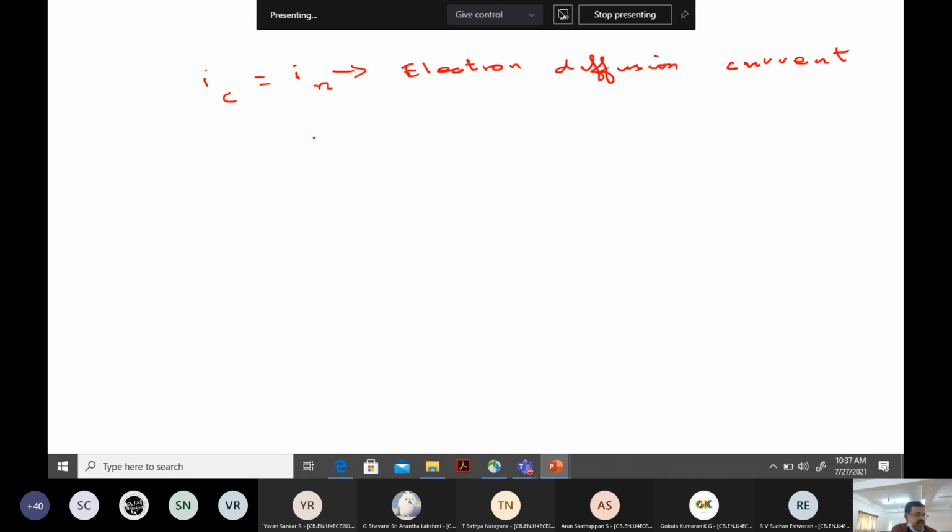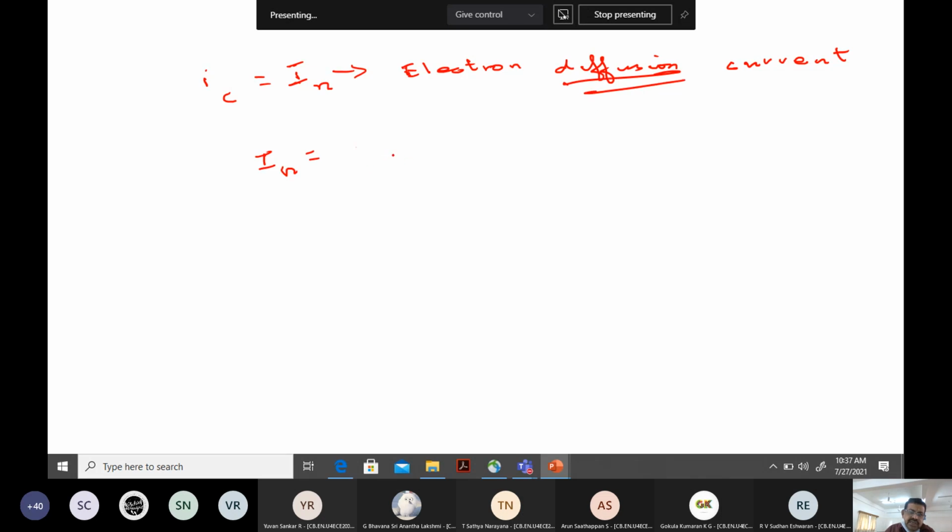Let us see that. The expression for this IN will be due to the diffusion phenomena.